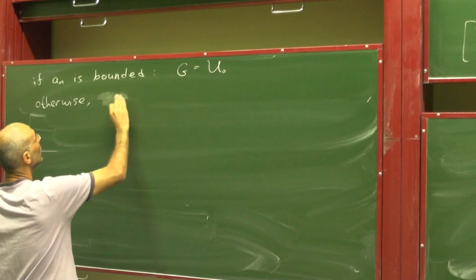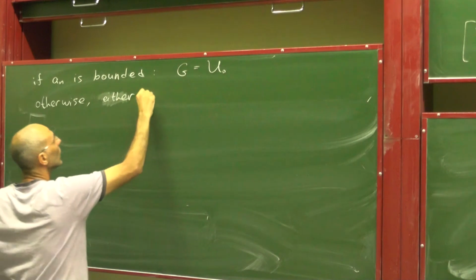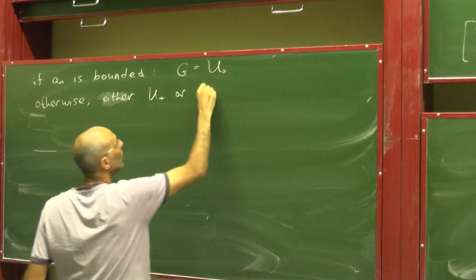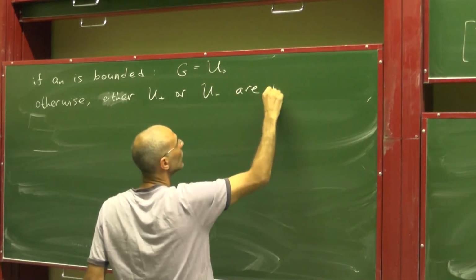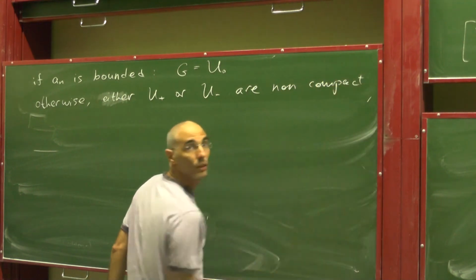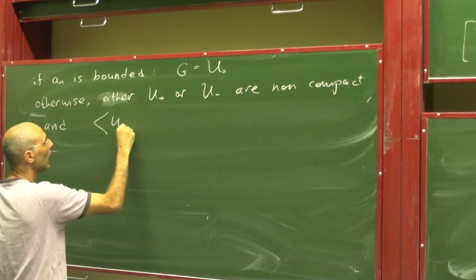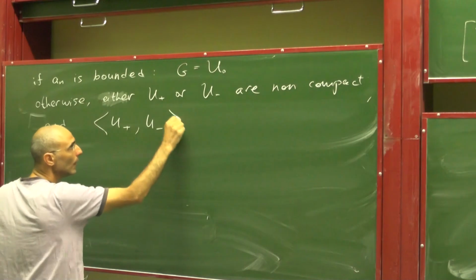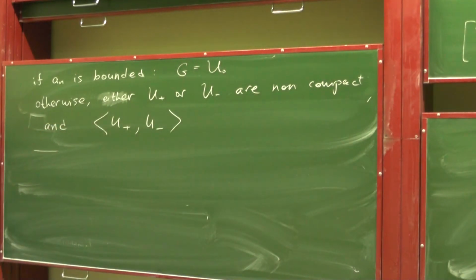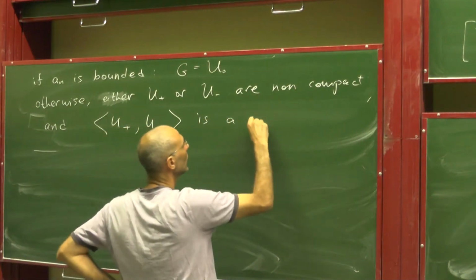Otherwise, either U plus or U minus is non-compact. And so the group generated by U plus and U minus is a non-compact group. By a previous exercise that we had, it is non-compact and normal in that thing, which is everything, since SL_n(R) is essentially simple.